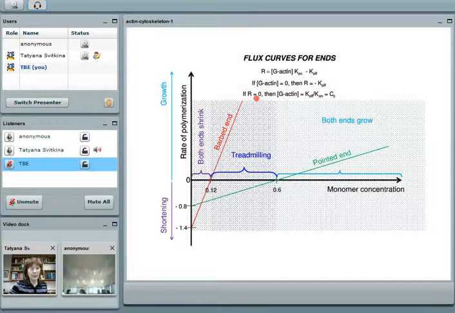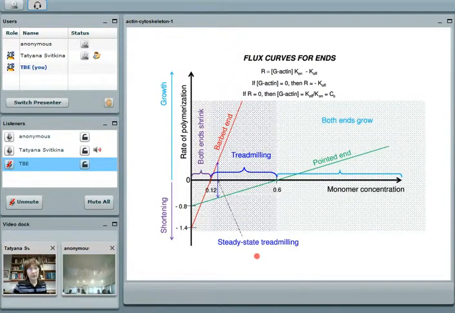Although they behave differently, you will get a net gain of polymer. In contrast, if you are here, you will have relatively fast shortening of the pointed end and relatively slow growth of the barbed end. So on average, you will lose polymer and eventually all filaments will depolymerize.